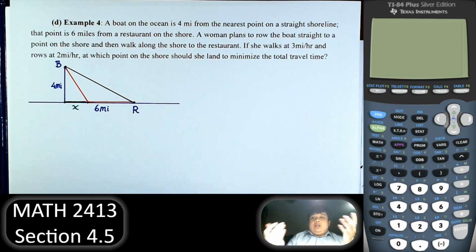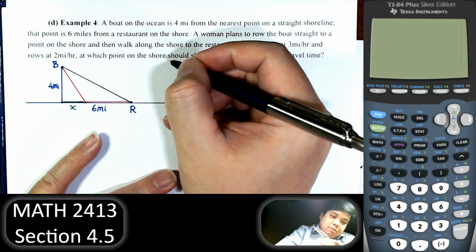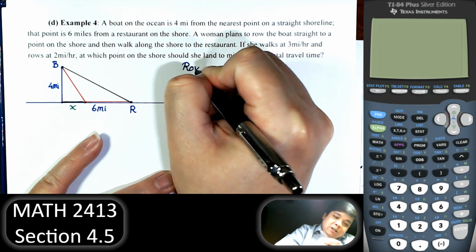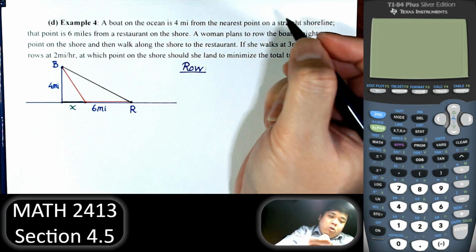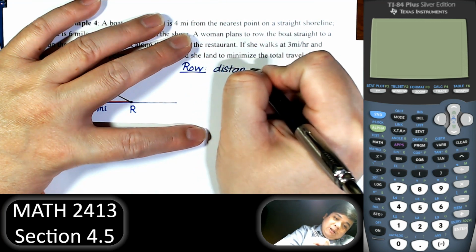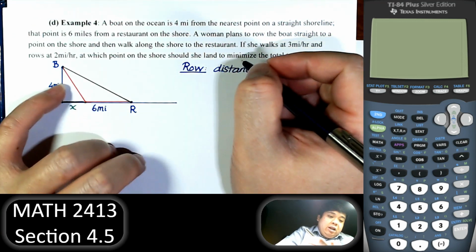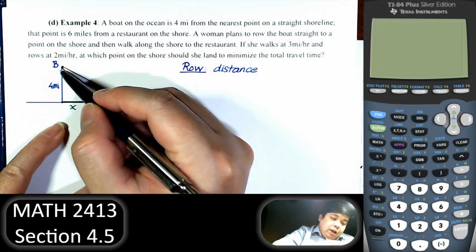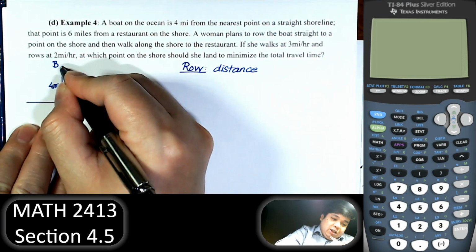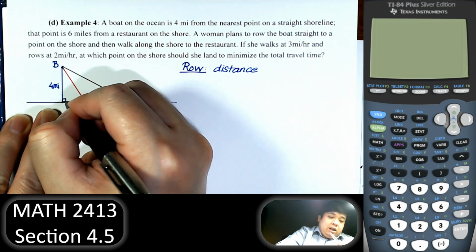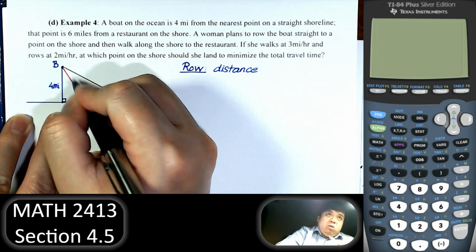Right, now of course how to set up the equation. First, let's write out on the water she needs to row. So the distance is going to be, if this is the right triangle, the distance that she rows is going to be 4 miles, and then x, that is the right triangle.